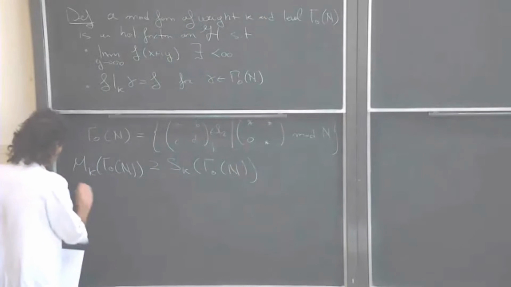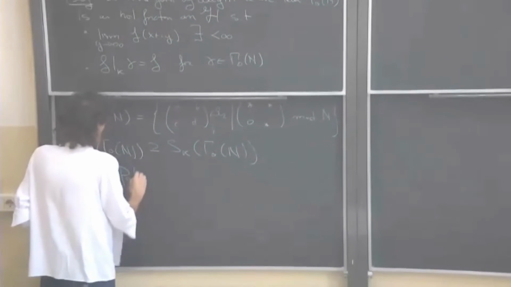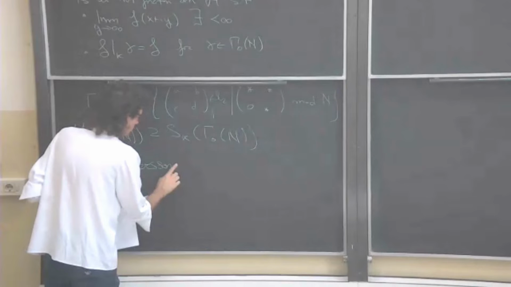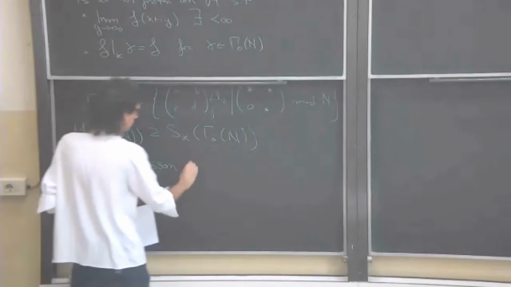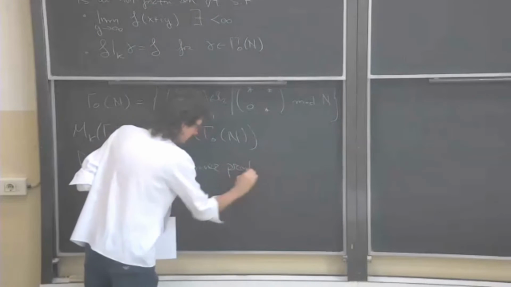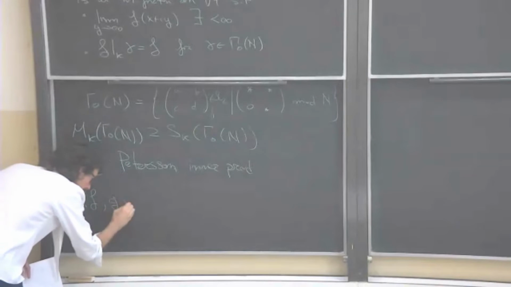So, definition. This is called the Petersson, and I hope I don't misspell it, but it should be with one T and two S's, inner product between f and g.